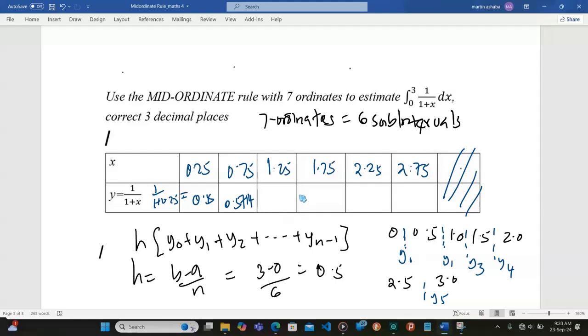Then if I substitute 1.25, my calculator gives me 0.4444. Then 1.75 gives me 0.3636. The 2.25 gives me 0.3077. The 2.75 gives me 0.2667.